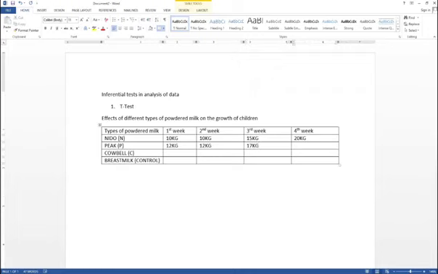And then the fourth week, we have 24 kg. For Cowbell, let's say the first week we have 9 kg. Second week, 10 kg. Third week, 13 kg. And then the fourth week, 20 kg.